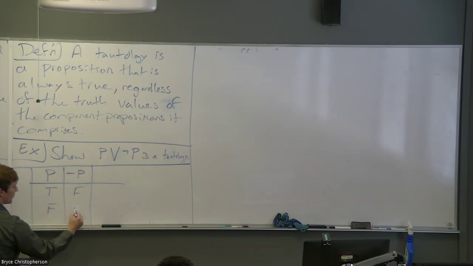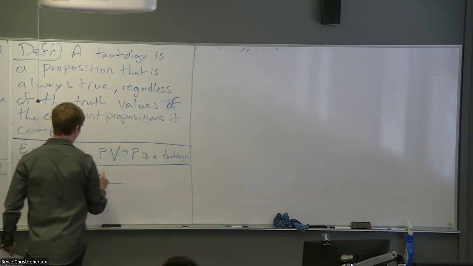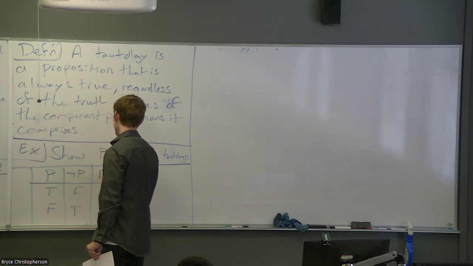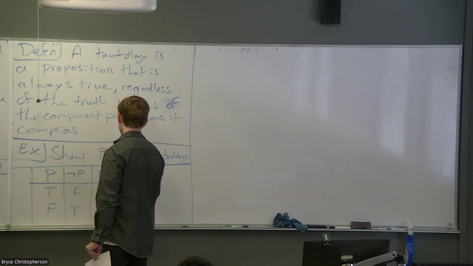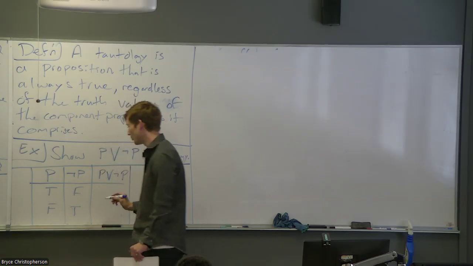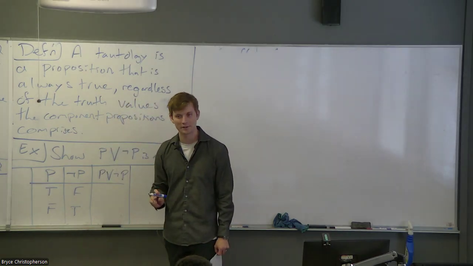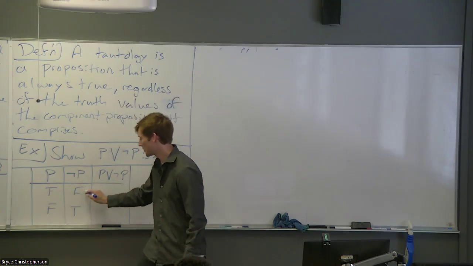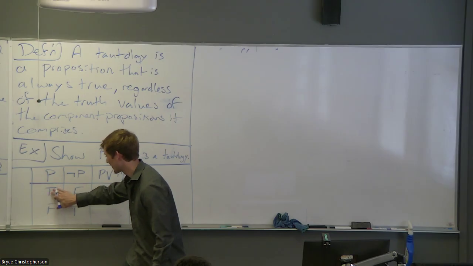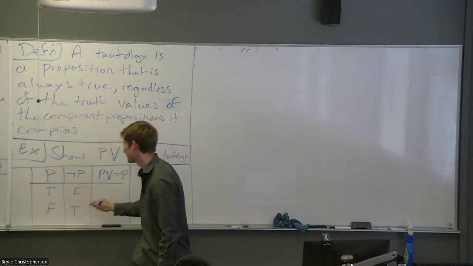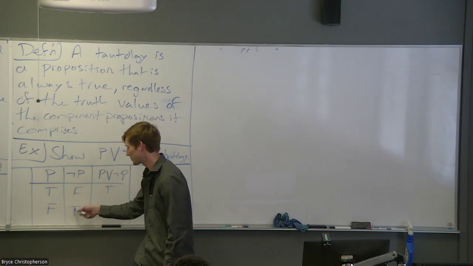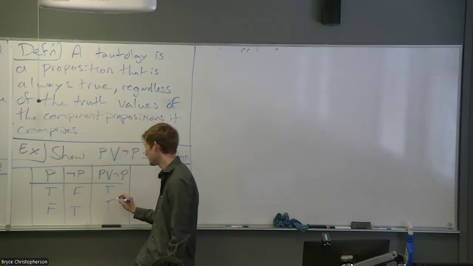And if P is false, then this is true. And then P or not P. Well, it's or, so it is true precisely when at least one of the things is true. Yeah? Is one of the things true in this row? I kind of drew on that T and made it look like an F. Yes, so that's true. Is one of the things true in this row? Yes, it is true.